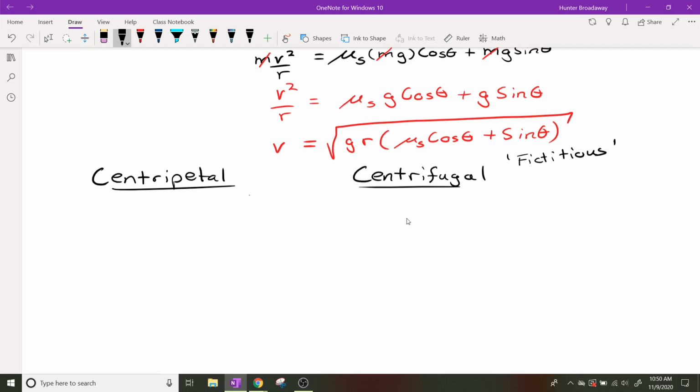Now, the reason why we call the centrifugal force a fictitious force is because most of the time that force doesn't really exist. Take for example, if you're going around in a car and you're inside the car, and you're going this way.